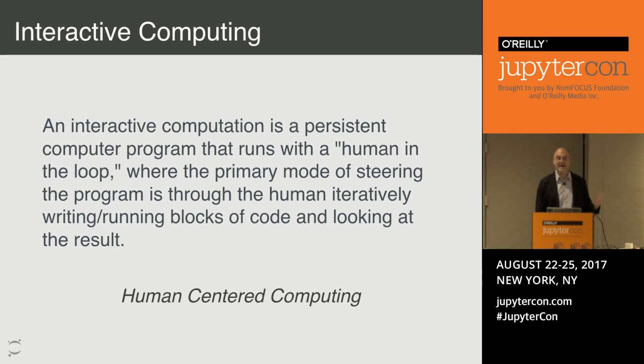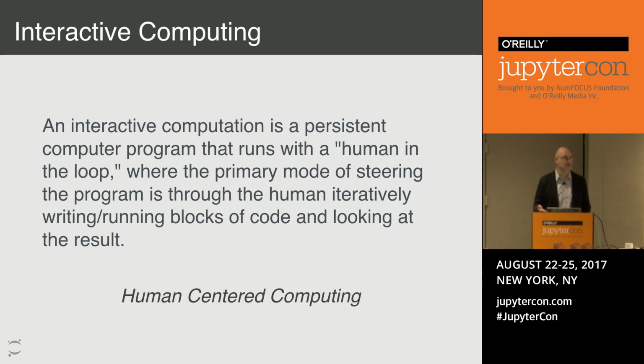Many programs are interactive, such as Microsoft Word, Excel, and web browsers. In a sense, there's a human in the loop there steering the course of the program. The key difference in the Jupyter context, in data science and scientific computing, is that the way we're steering the computation is through typing source code and handing it off to the program to be run.